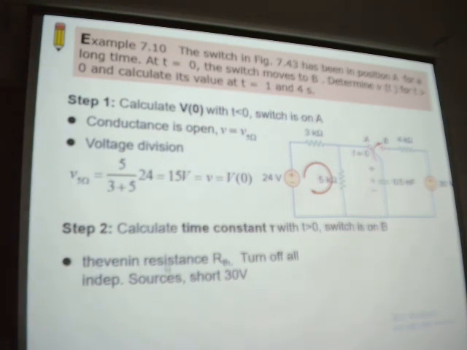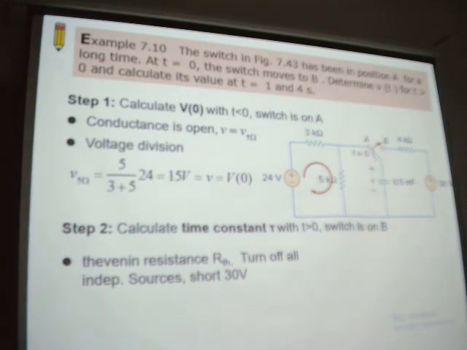If we calculate the resistance RTH, we turn off the independent source. Here, when we calculate the time constant, we should put the switch to position B, and then the left-hand side is open, and we just have this part, okay?